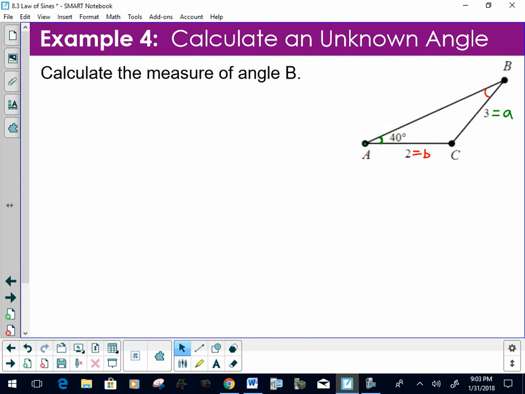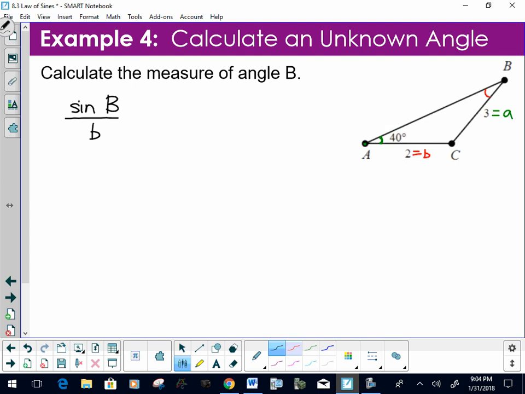So in this triangle, we're going to try to find angle B, and I like to start by writing what I'm trying to find, B. In the law of sines, the angles are always inside of a sine function. So sine B, in this case, is going to be over length B. You could set it up with the lengths on top again, but I like to always just put what I'm finding in the numerator.